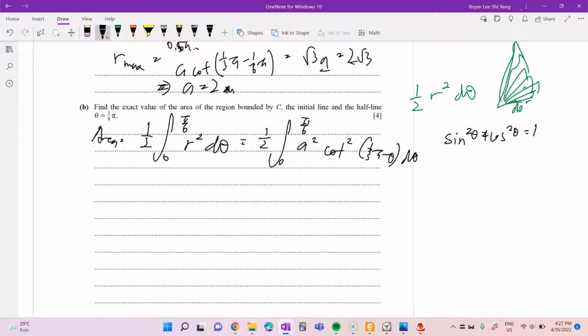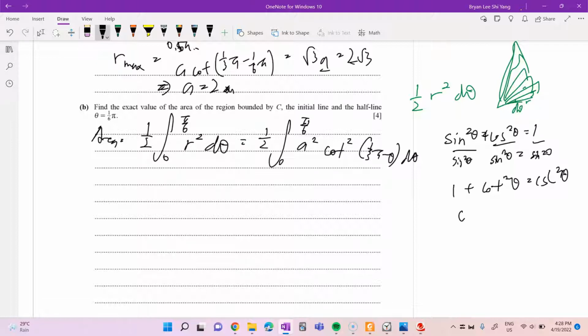Then we need to divide everything by sin squared θ, so we have 1 plus cot squared θ equals cosec squared θ.